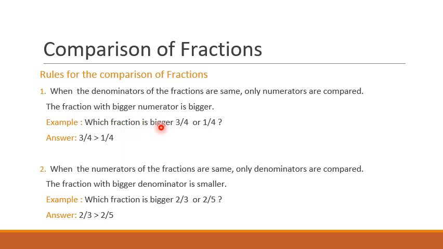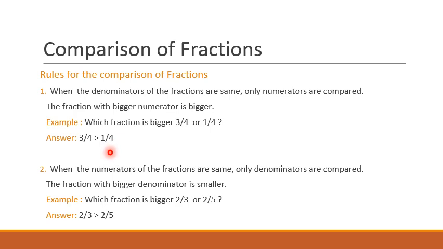Which fraction is bigger, 3 by 4 or 1 by 4? Here both the denominators are the same, that is, they are like fractions. So we have to just compare the numerators. Here 3 by 4 has the bigger numerator. So 3 by 4 is greater than 1 by 4.